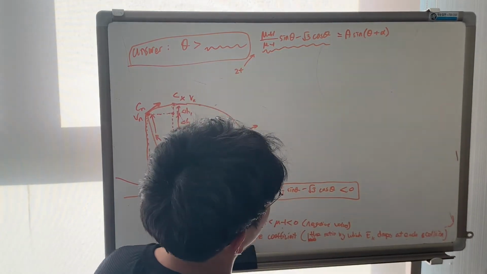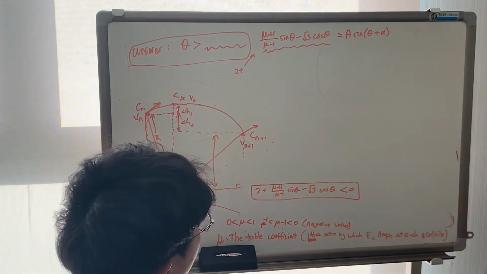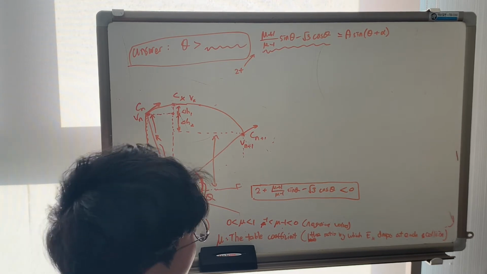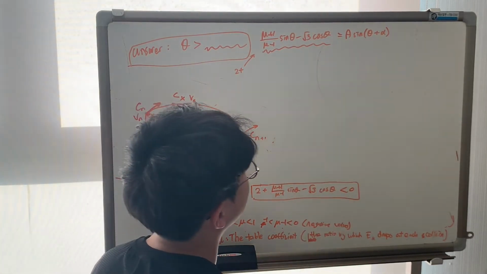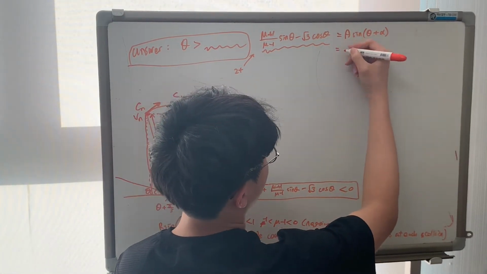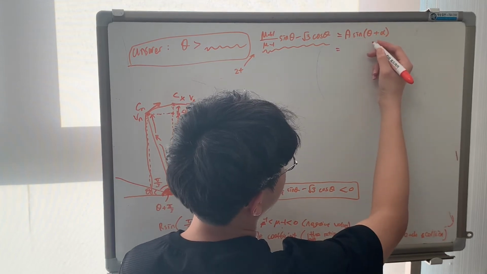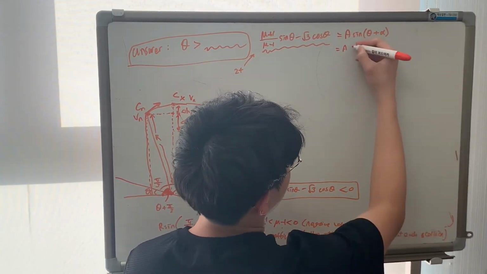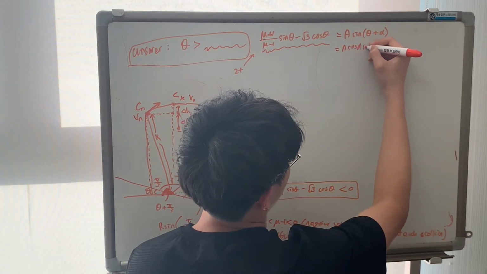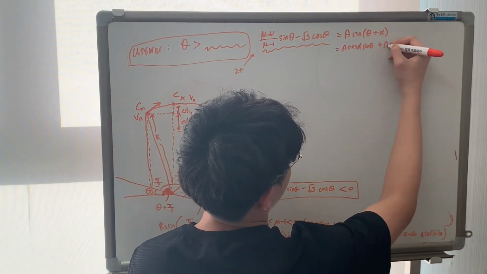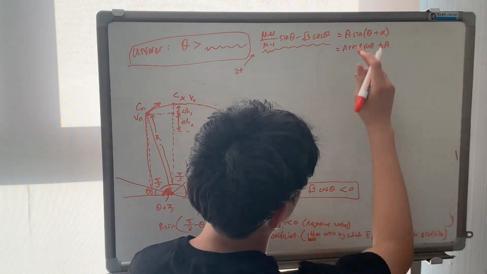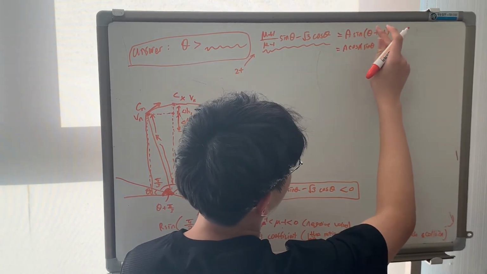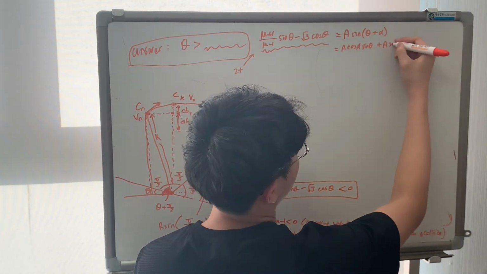I like this form. When I expand this, it is A times cosine alpha sine theta, plus A times sine alpha cosine theta.